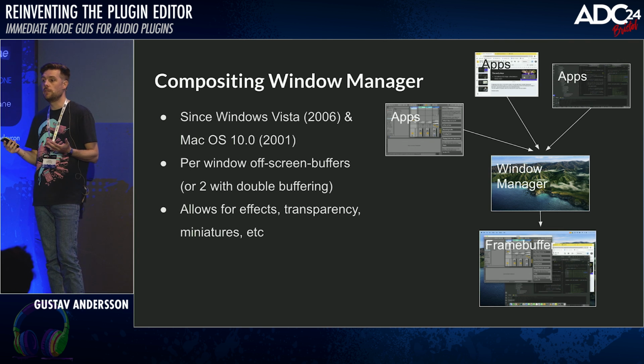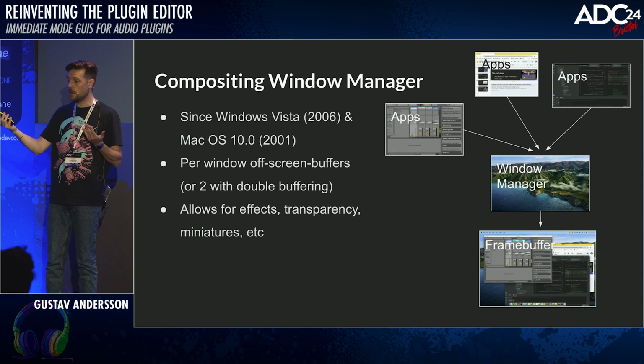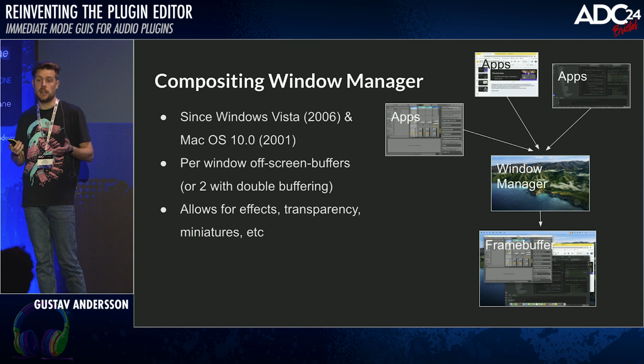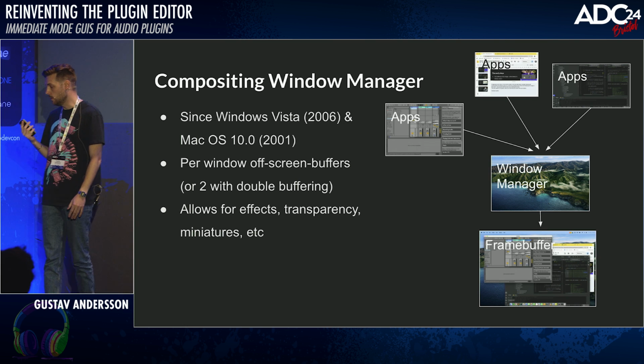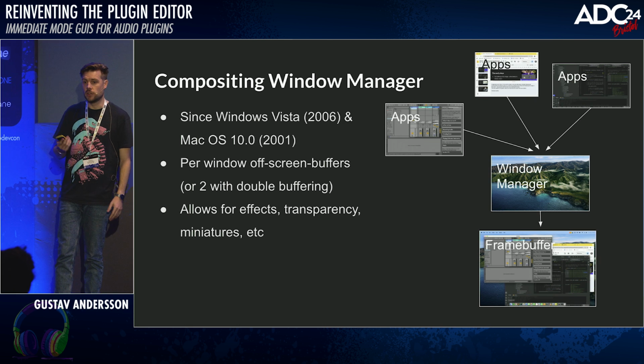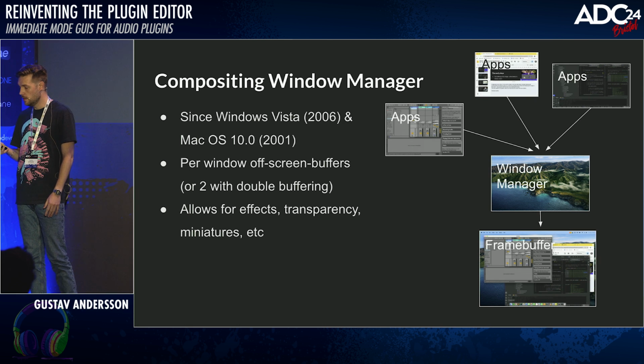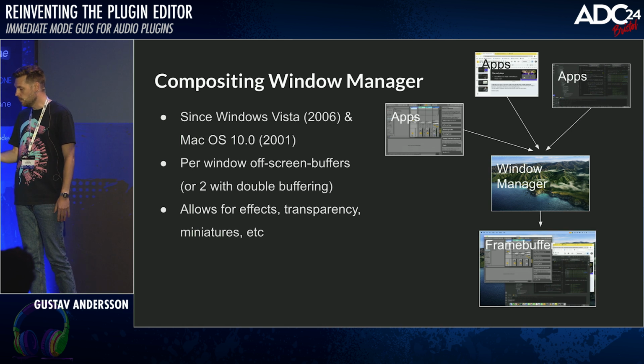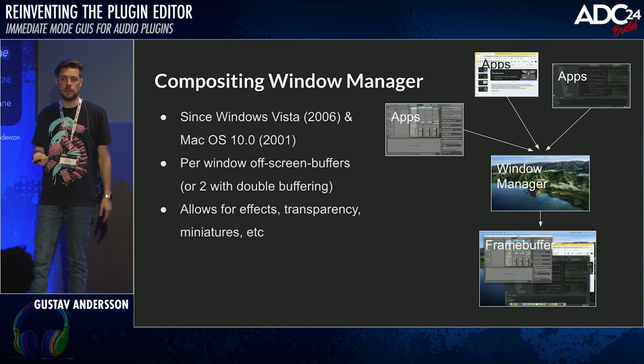And now not only can windows overlap, but you can have shadows, you can have transparency, all kinds of effects. You can press Alt Tab and get miniatures of all the open windows, and all of that is possible because we have a compositing window manager. And actually, how the window manager does all this compositing is a bit of a rabbit hole, but we don't need to go into too much detail. But a lot of it happens on the GPU.